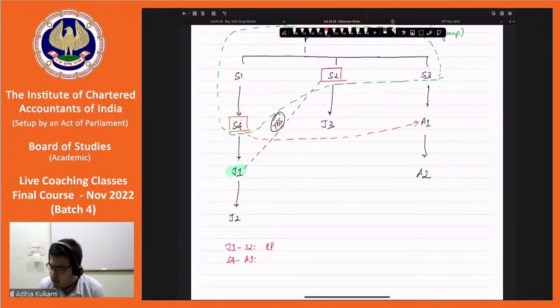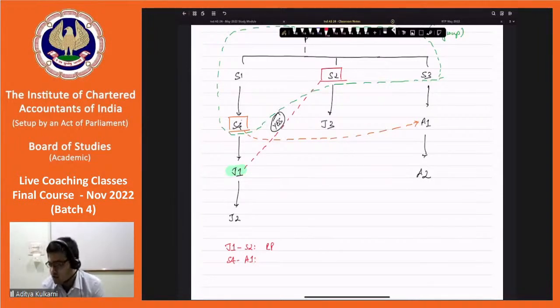What is the relationship between S2 and J1? S2 is a member of the group. J1 is a joint venture of another member of the group. That only is the relationship. Now I will give one filmy dialogue: every relationship does not have a name. Okay, there is no name for every relationship.